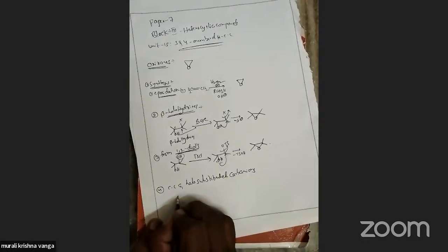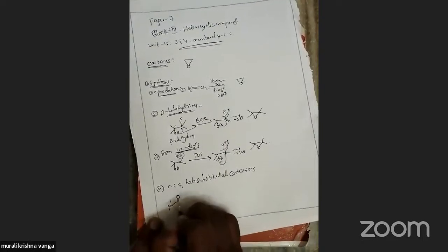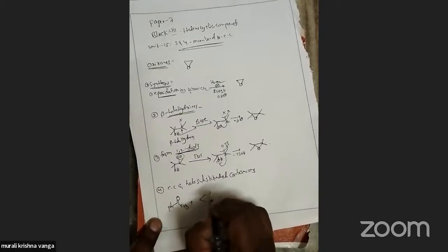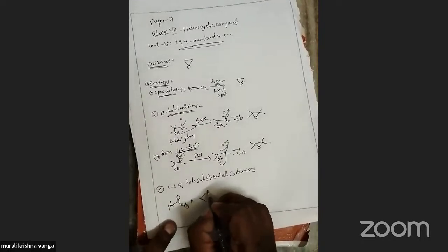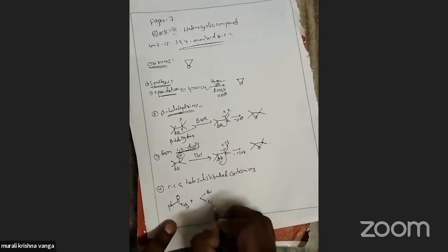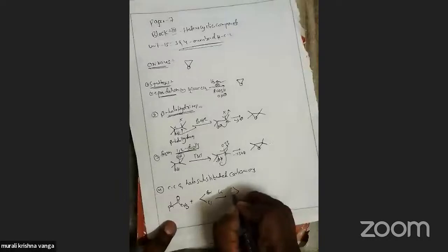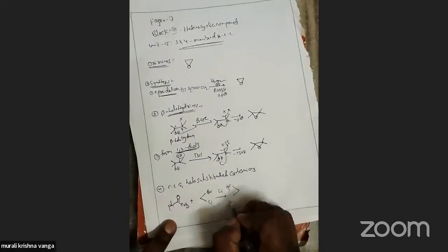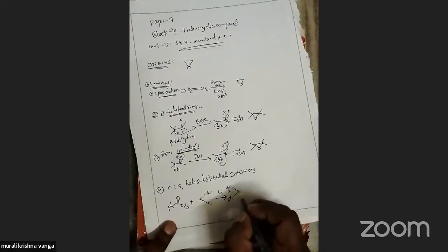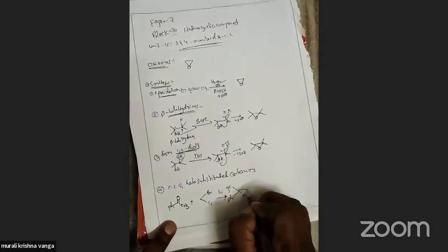When carbonyl compounds react with halo substituted carbanions in presence of lithium, the product will be formed.